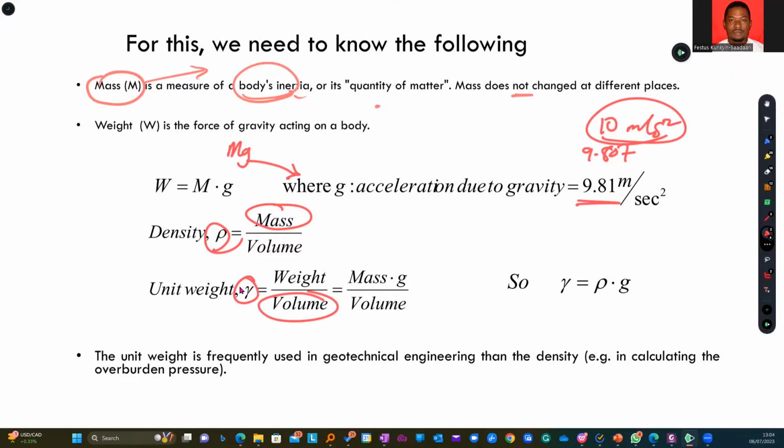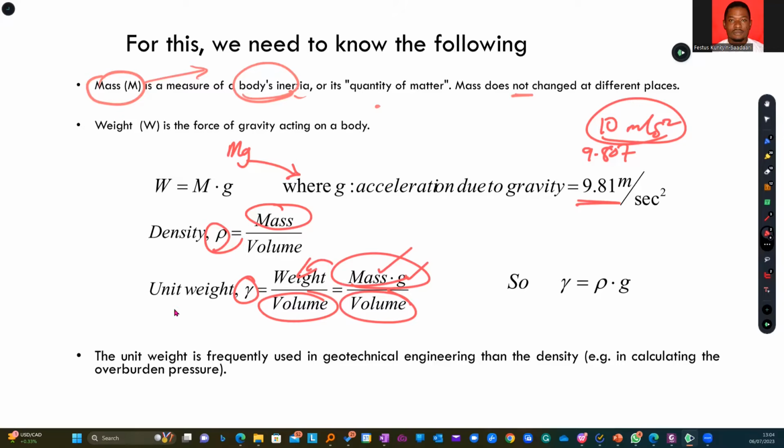So it's a form of you trying to measure the density of a sample, but this time you are checking that with respect to weight. You have your mass, which you know, and you multiply that by gravity, giving you what we term the weight of the sample. And having known the weight of the sample, you divide that by the volume it's able to occupy.